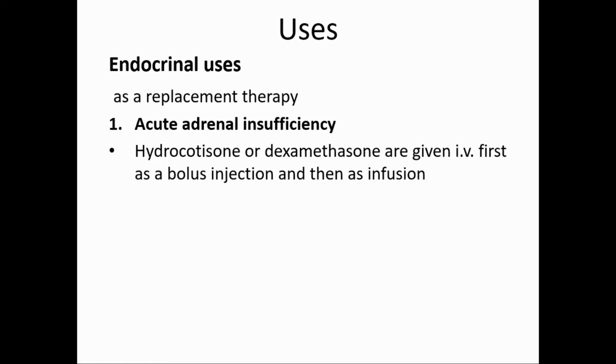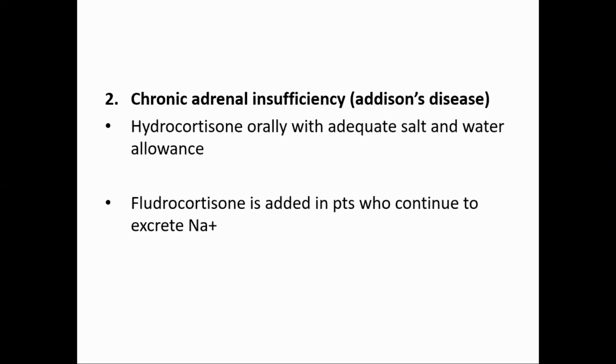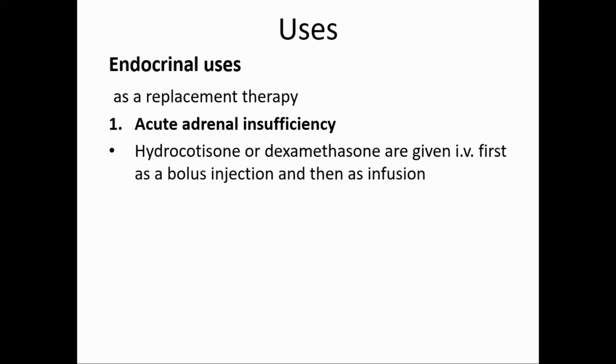Endocrinal uses means when there is deficiency of producing glucocorticoid or mineralocorticoid by the adrenal gland. Endocrinal uses can be acute or chronic.